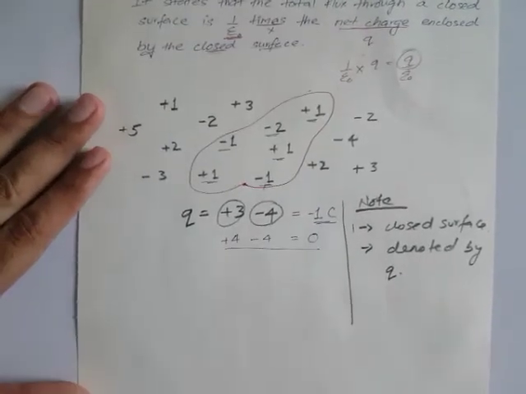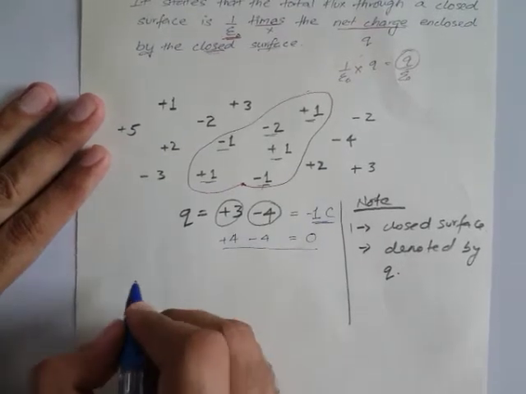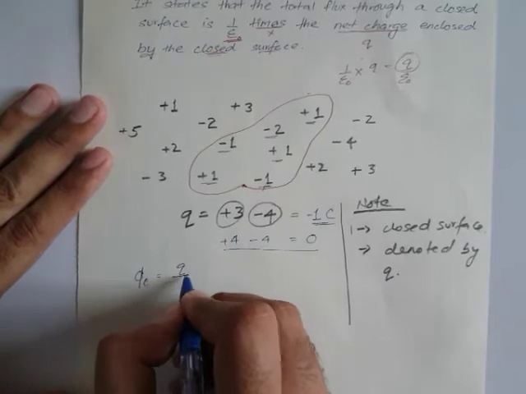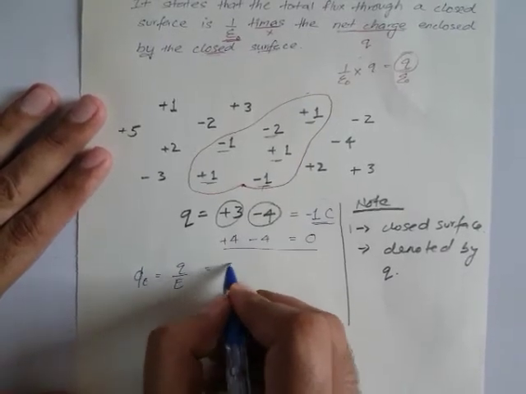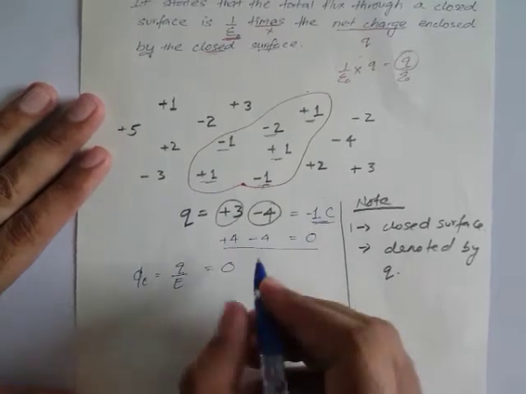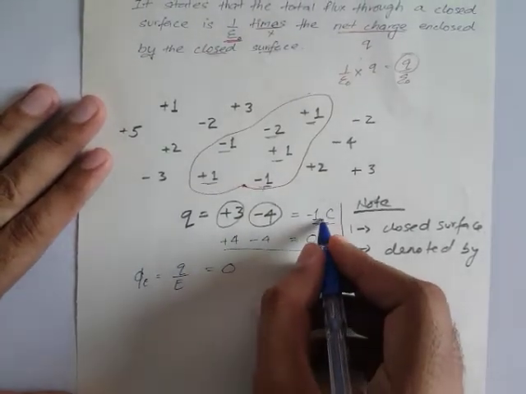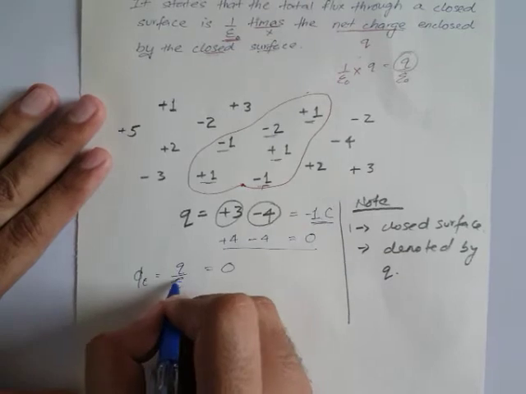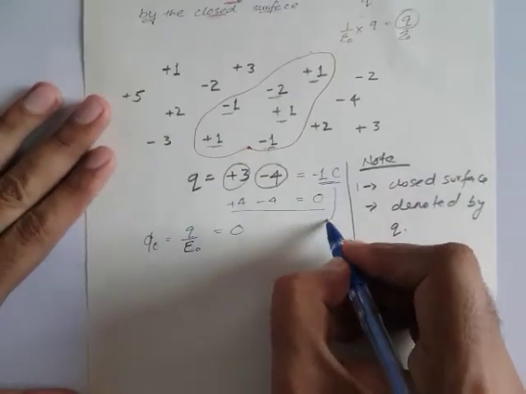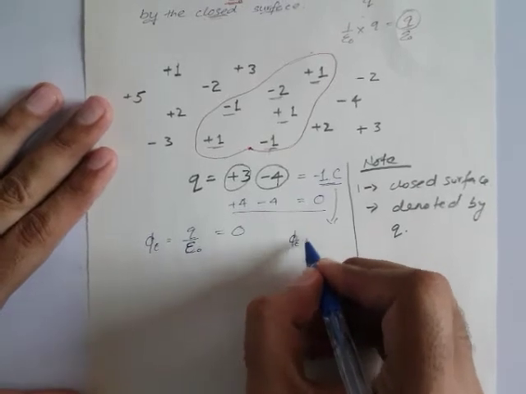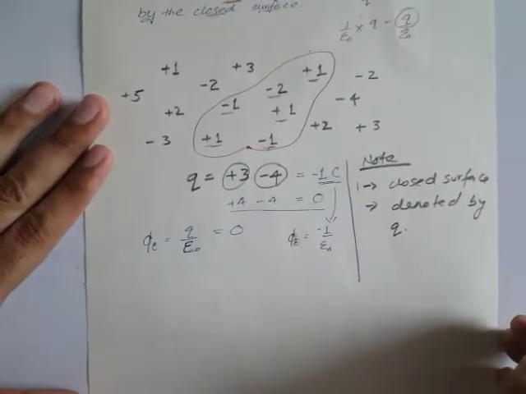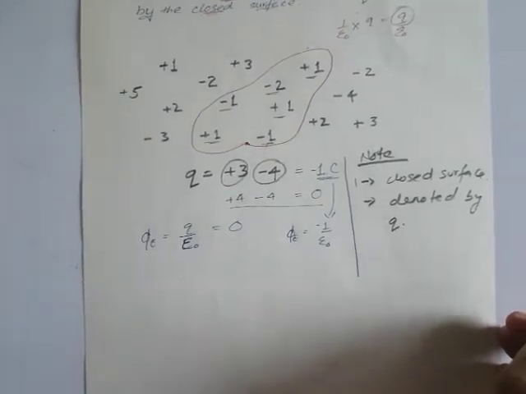If it is 0, then the total flux, the Gauss Q upon epsilon naught, equals 0, because the charge is 0. Else, in this condition, if we take it as minus 1, then for this charge we can write it equals minus 1 upon epsilon naught times. I hope it will be clear.